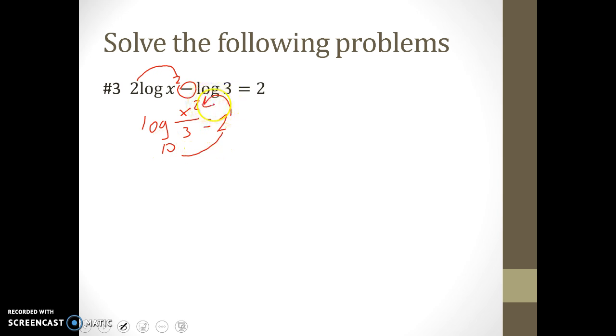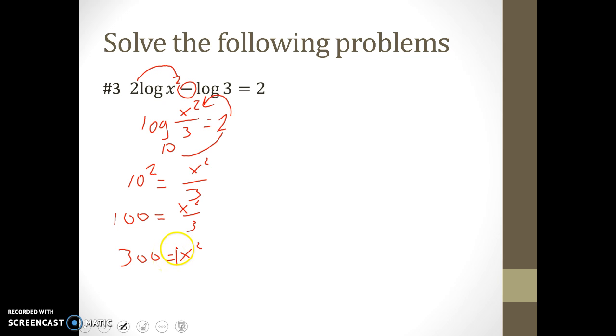So that means if I put it in exponential form, I'm going to have 10 squared equals x squared divided by 3. I know that 10 squared is 100, so 100 equals x squared over 3. Multiply both sides by 3, and I'll have 300 equals x squared.